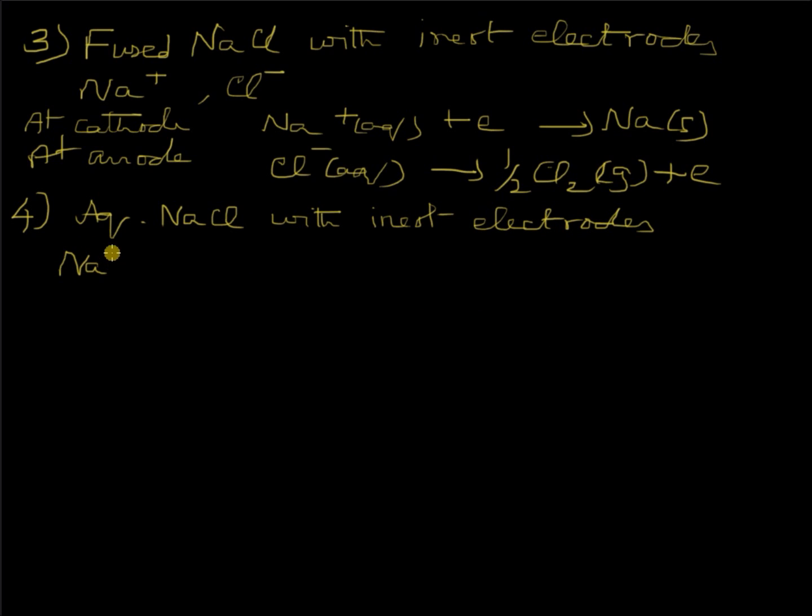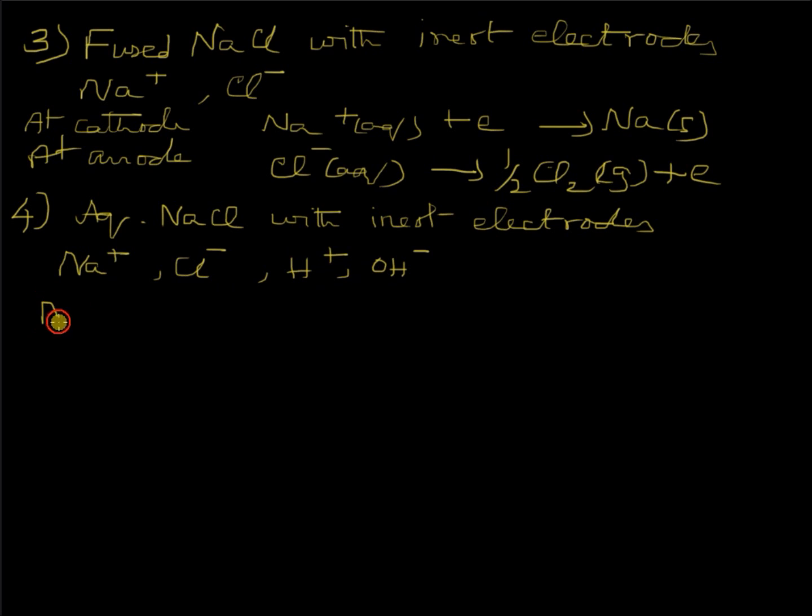Write the ions present: Na plus, Cl minus, H plus and OH minus from water. Right, now it is Na plus ions and H plus ions moving to the cathode, and as before we have to consider the reduction of H plus ions as the reduction of water as a whole.